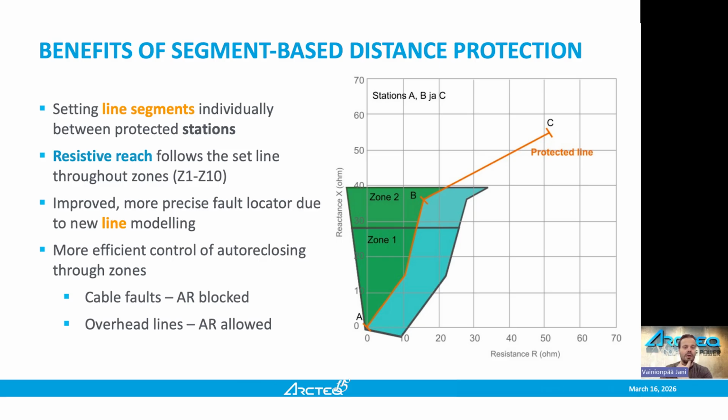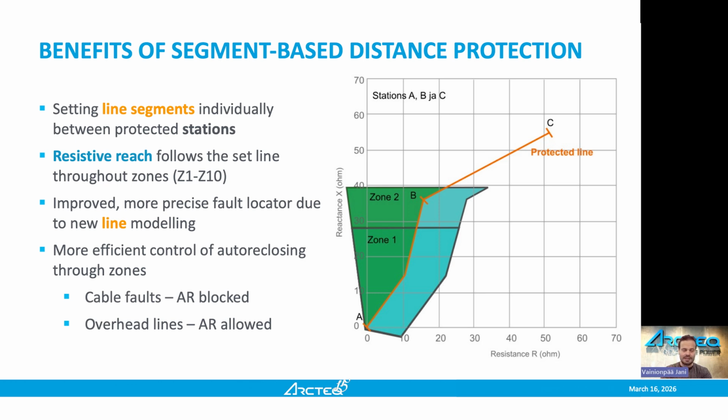Through this, we also get an improved, more precise fault locator due to the new line modeling, and we are going to check and test this later today. One benefit is that we get more efficient control over the auto-reclosing functionality through different zones.